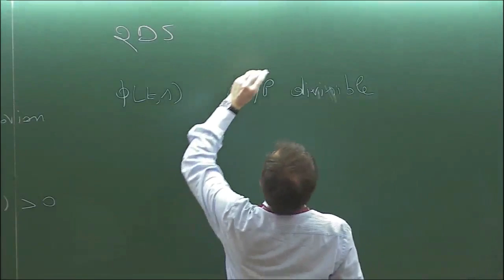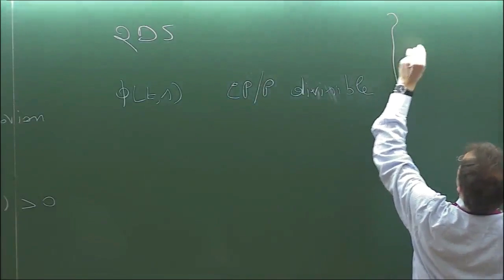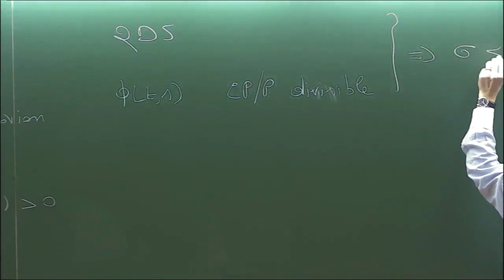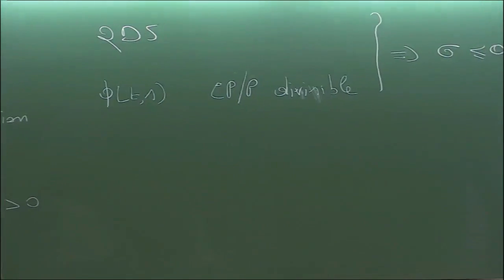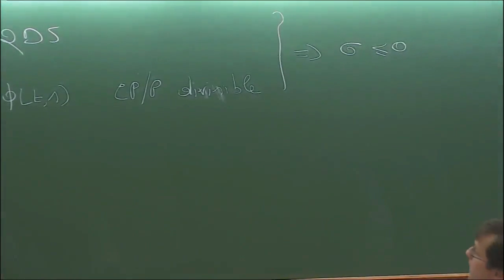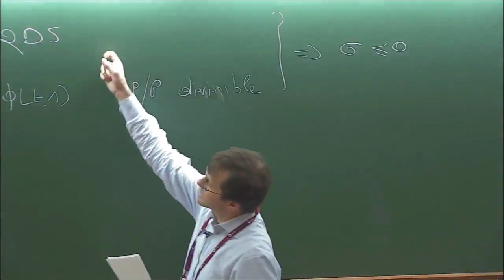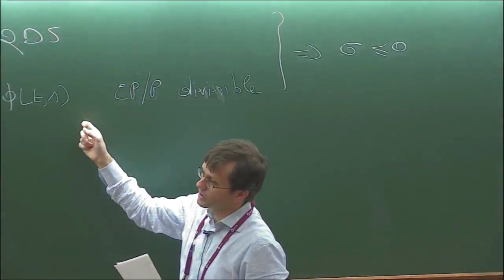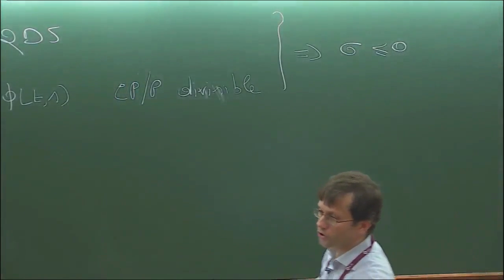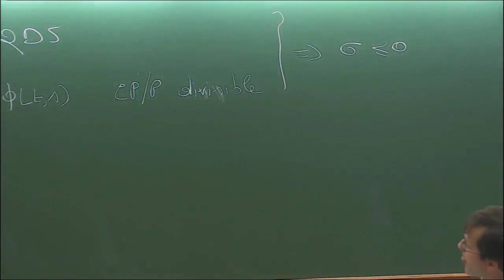Then for these two kinds of processes, for sure sigma is always either negative or equal to 0. So according to our definition, these quantum processes are indeed Markovian, so they do not show up memory effects.